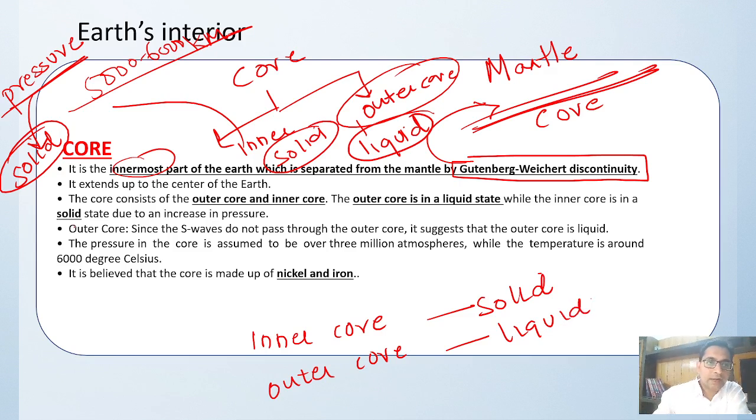Okay, in the outer core S waves do not pass, because S waves can only travel in solid areas. So this shows that the outer core is made up of liquid.